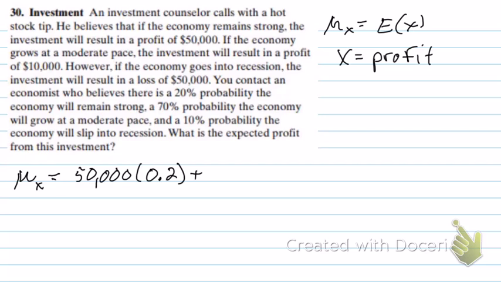And then 10,000, these are all good numbers, times what? 70% chance. Plus, so I need a negative here, negative 50,000 times what? That. Are those the only things that could happen? Yeah. Multiply those together and let's see what we get.